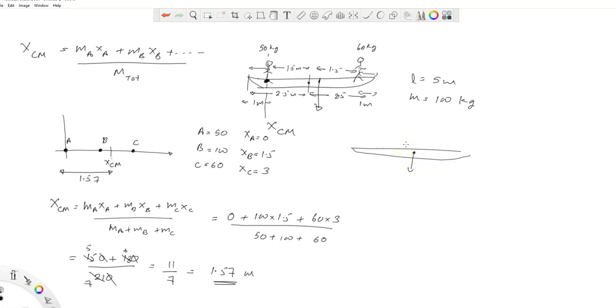By guessing we can move people around and do all these things. But if you ever want to calculate, this is a way to do that. Okay, so the idea is you look at the mass distribution, measure all the distances, place them on the x-axis, and then do this. Alright, so that's the first part.